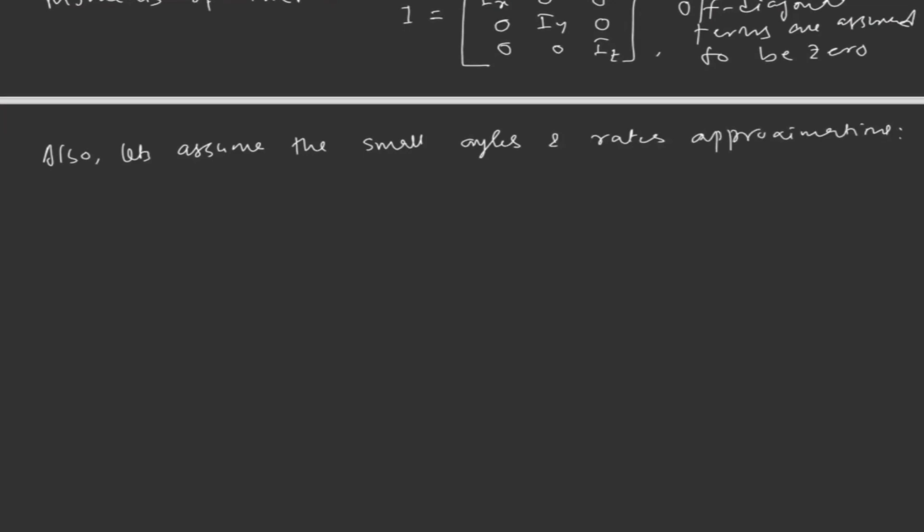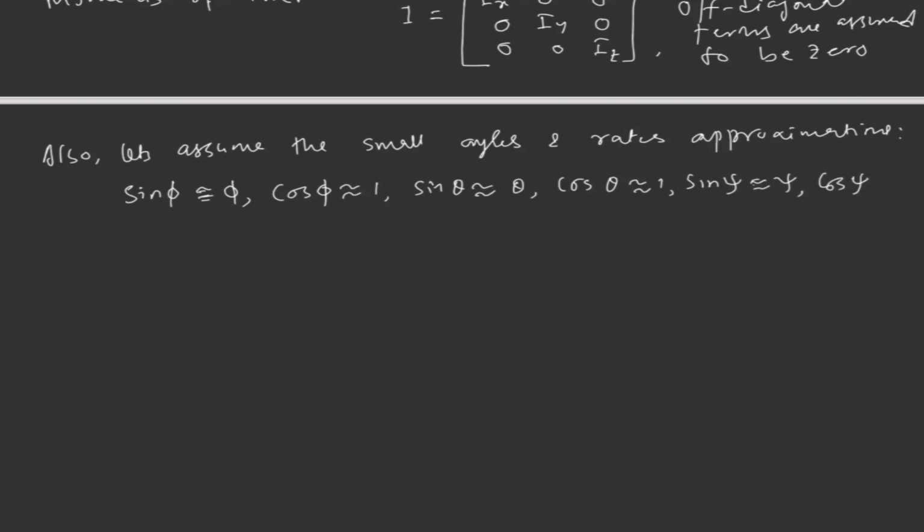So in this case, for small angle, we can write sine phi equivalent to phi, and cos phi equivalent to 1, and sine theta equivalent to theta, and cos theta equivalent to 1, sine psi equivalent to psi, and cos psi equivalent to 1.